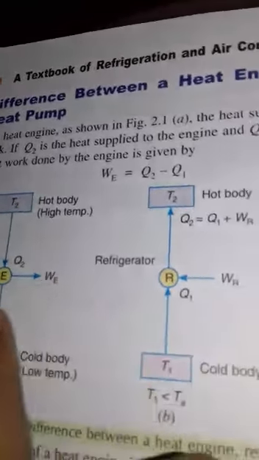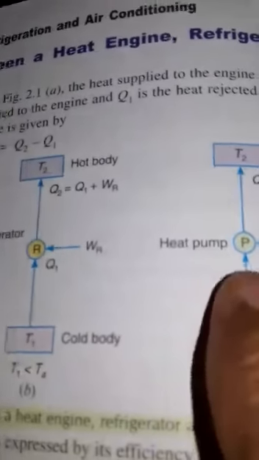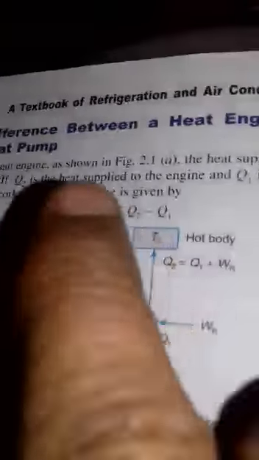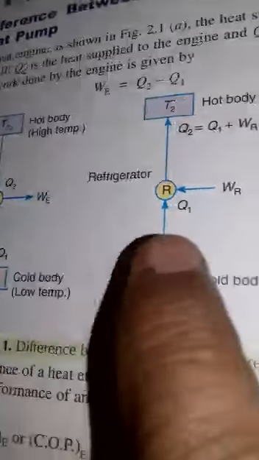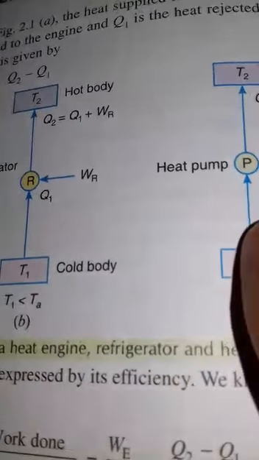And these three have got different applications. So the difference between the heat engine, refrigerator and heat pump has been explained with the help of these figures. These figures are important to represent the engine, refrigerator and heat pump.